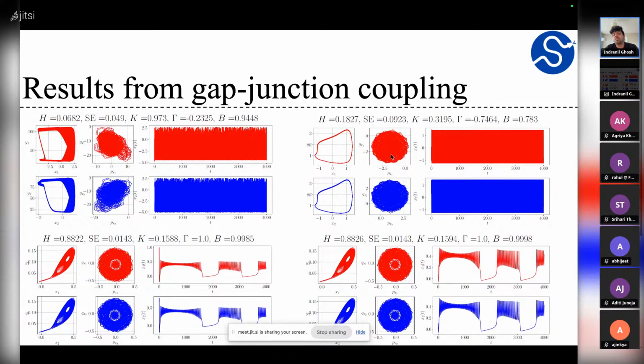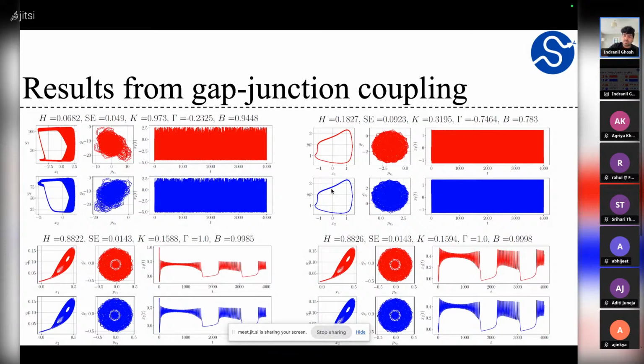So it's becoming more organized, and k is decreasing from 1. However, the Hurst exponent is still less than 0.5, so it's anti-persistent. And you can see the sample entropy values for both of these are very high. That means it's more complex when the coupling strength is inhibitory. And again, the two neurons are asynchronous because gamma is far away from having the absolute value 1.